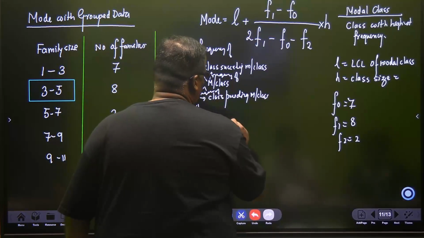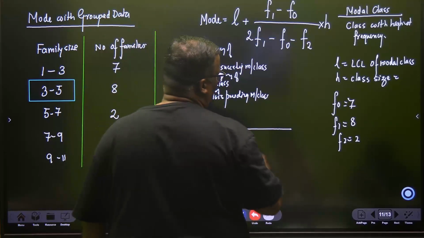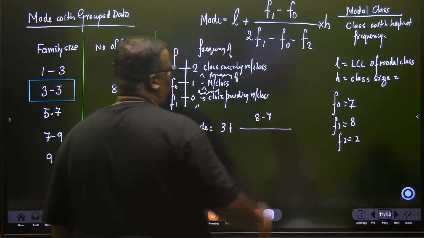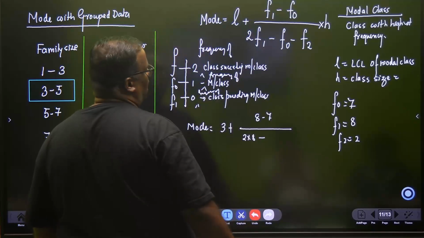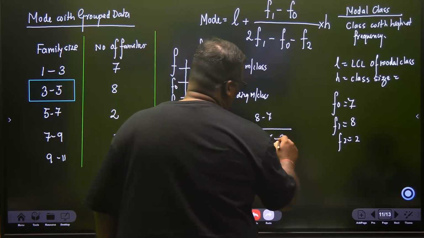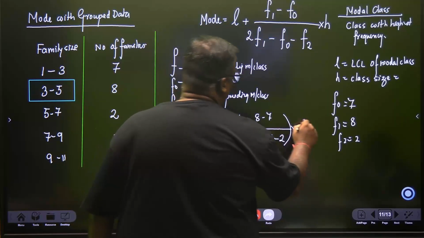So 3 plus F1 minus F0, 8 minus 7, divided by 2 times F1, 2 into 8 minus F0, 7 minus F2, which is 2, into this particular figure into how much? 2.